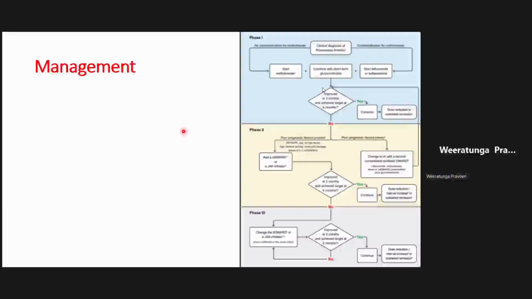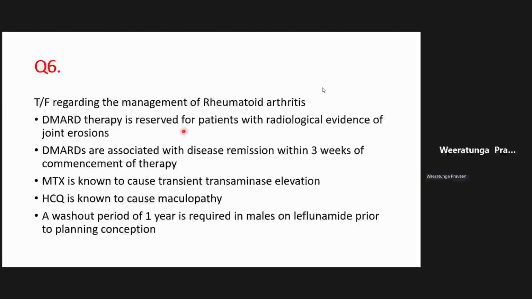Now, about how you use these drugs, the only thing you should know is that methotrexate is the first line drug. There is no question about that. Just like metformin in diabetes, for rheumatoid arthritis the first line drug is methotrexate. There is no doubt about that.